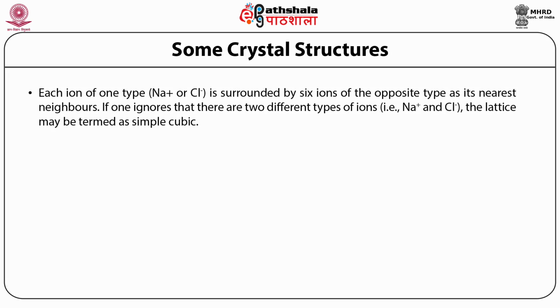Each ion of one type, that is Na+ or Cl-, is surrounded by 6 ions of the opposite type as its nearest neighbors.